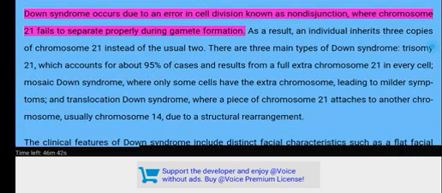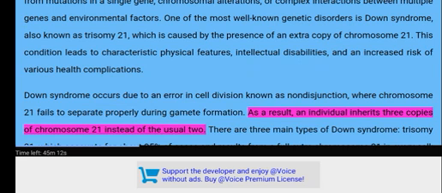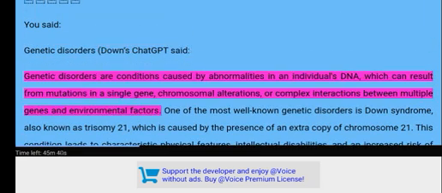Down syndrome occurs due to an error in cell division known as non-disjunction, where chromosome 21 fails to separate properly during gamete formation. As a result, an individual inherits 3 copies of genetic disorders. Down's. ChatGPT said: Genetic disorders are conditions caused by abnormalities in an individual's DNA, which can result from mutations in a single gene, chromosomal alterations, or complex interactions between multiple genes and environmental factors.